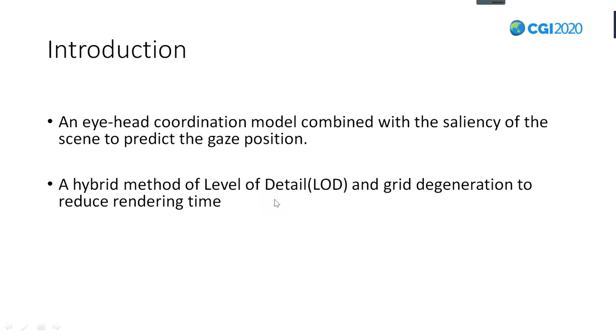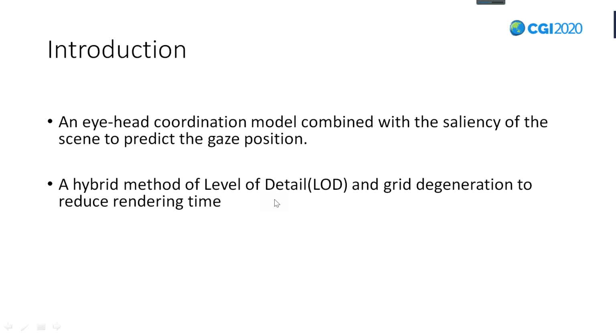Given the above discovery, we implemented our system and introduced some principles to improve the user experience. As mentioned on this page, this is the main part of our paper. First, we introduce an eye-head coordination model, which is combined with the saliency of the scenes to predict the gaze position.